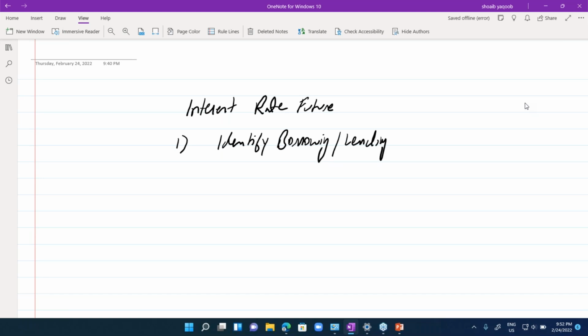Step two: identify buy or sell future. It's very easy. If you want to pay interest, sell future.